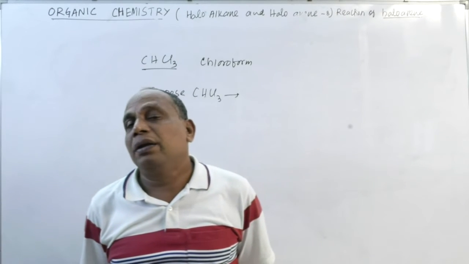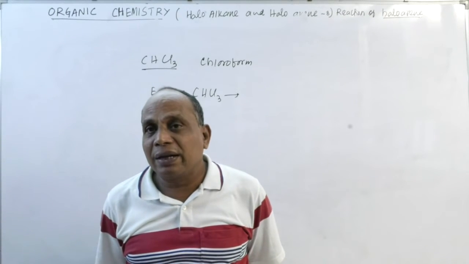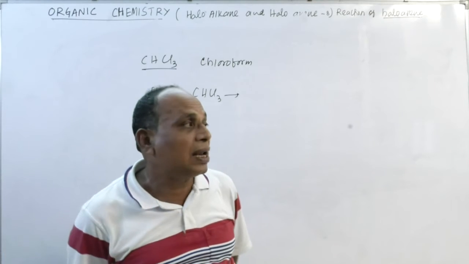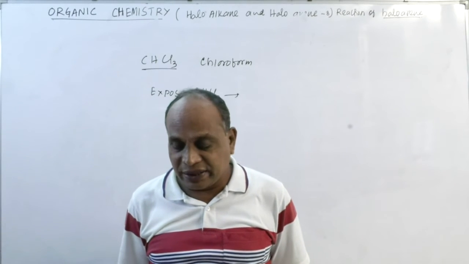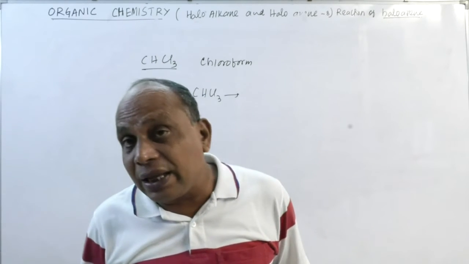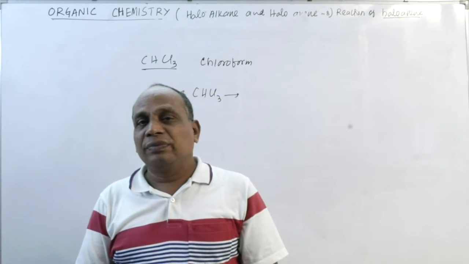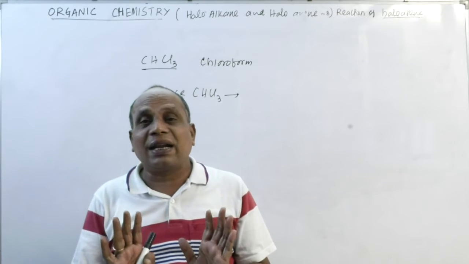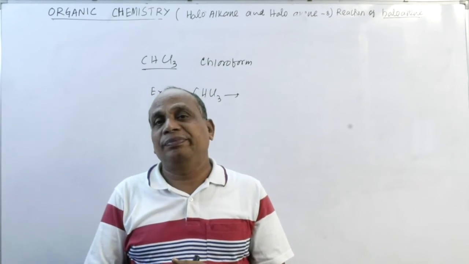It damages your kidney and liver. That's why this is called a type of carcinogen. And inhaling the vapor of chloroform can affect your central nervous system.